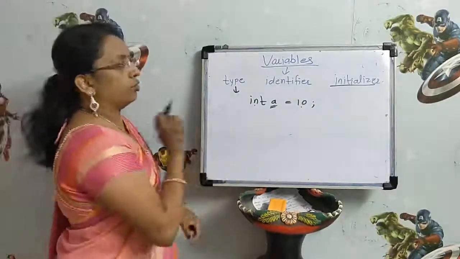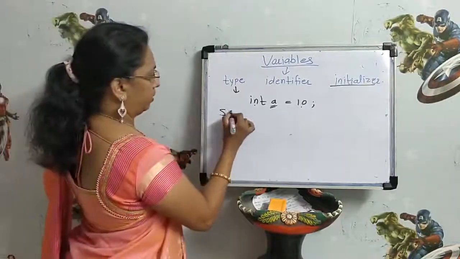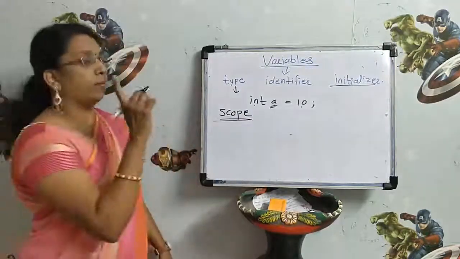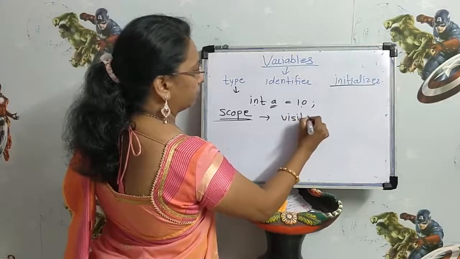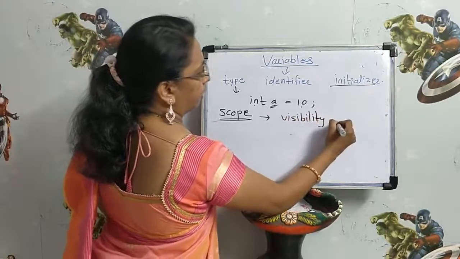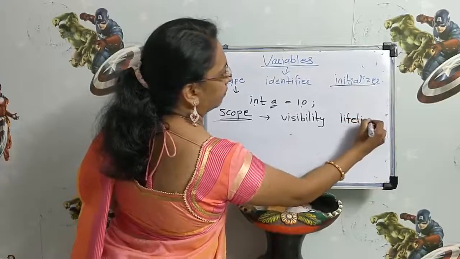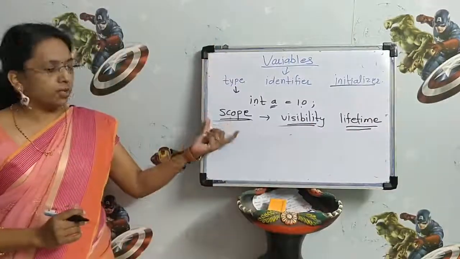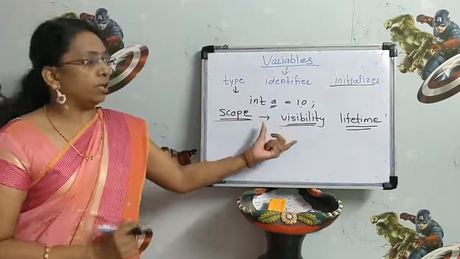In addition to this, a variable has scope as well. So what do we mean by scope? Scope defines two things: first is visibility, and second is the lifetime of the variable.